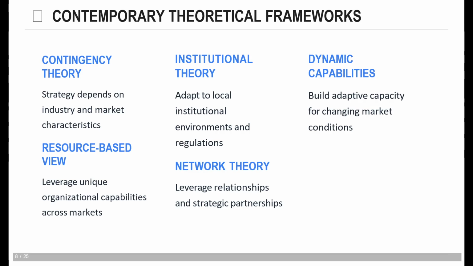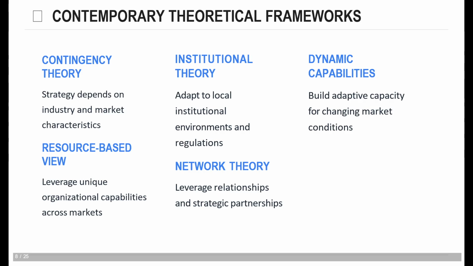That's just theory. So here are the contemporary theoretical frameworks. Modern research offers several frameworks for understanding global marketing strategy. First we have contingency theory. There is no universal best strategy. The optimal approach depends on the specific context: the industry, the product, the market, and the company.